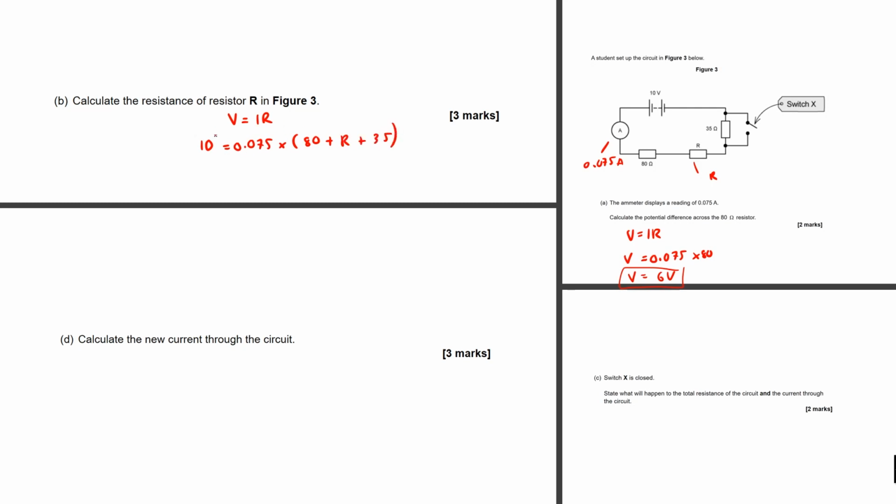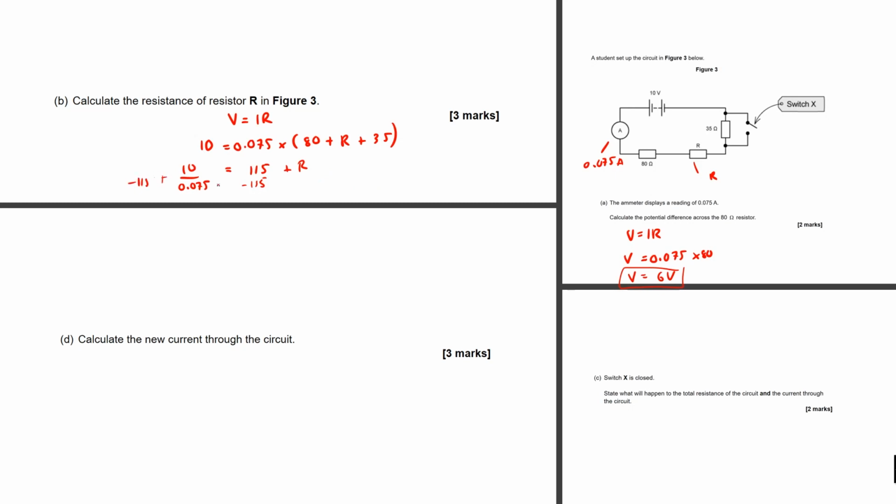Now what we can do is rearrange it to make R the subject. So we're going to do 10 over 0.075, and we're left with 115 plus R. Afterwards, we're just going to subtract 115 from it.